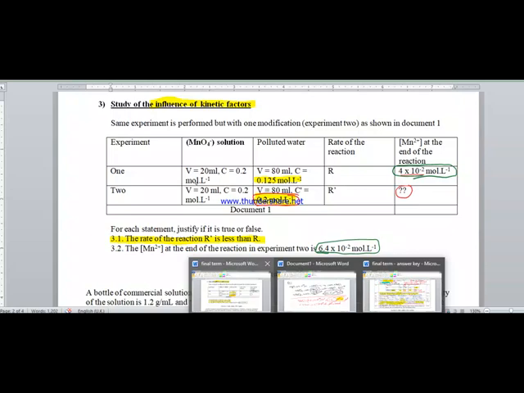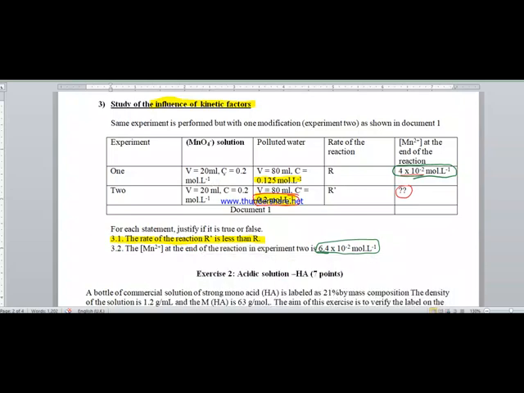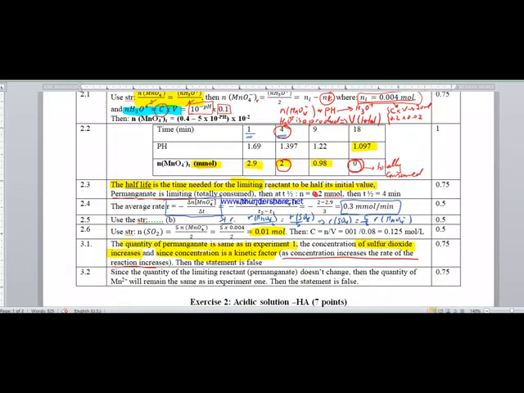Since the quantity of permanganate ion remains constant, and permanganate is the limiting reactant in experiment 1, and the quantity of the limiting reactant doesn't change, with the same volume, same concentration, same number of moles, the quantity of the product is not affected.